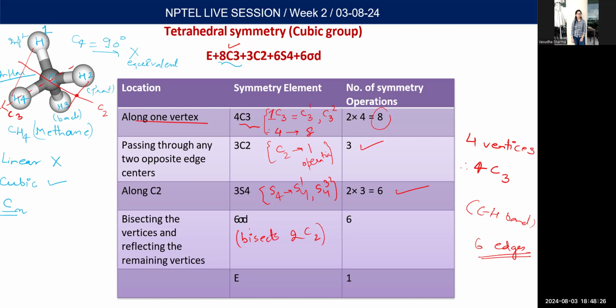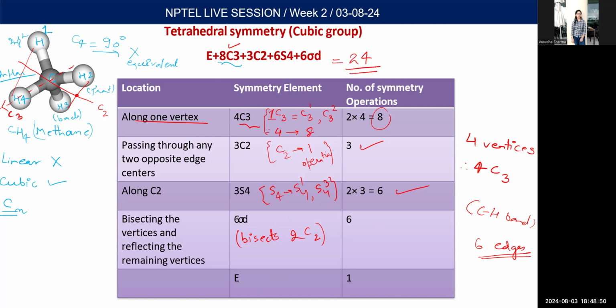Since we have three C2s, for each C2 there would be a bisecting plane. Between the two C2s there could be a lot of combinations. So we'll have 6 sigma d's. And similarly, one identity is of course there. If you calculate that, it would give you 24 symmetry elements.